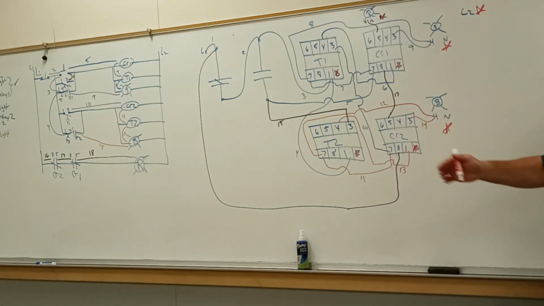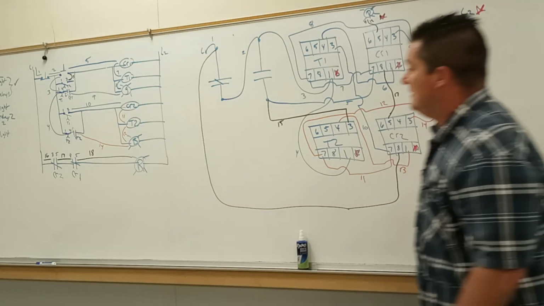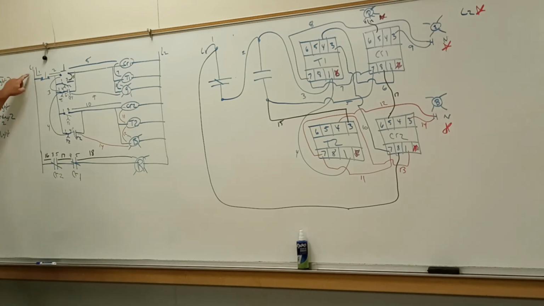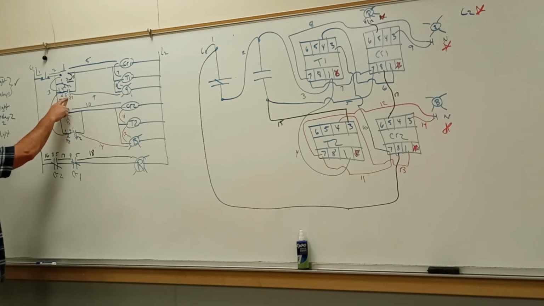That way I don't add even more wires than we would possibly need. But as you come over here and look at it, you've hit every spot. Into stop, out of stop, into start, the end of the start, the end of timer 1, and end of timer 2. Goes out of timer 1 into the memory circuit for control relay 1.